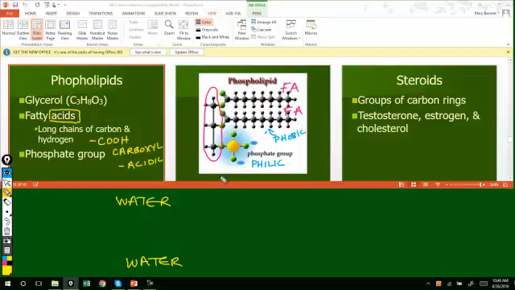So the part of this molecule that is hydrophilic is going to want to face the water. That's the head with these glycerol molecules and phosphate groups attached to them. And then those tails are hydrophobic, so they're going to want to be away from the water. And so what they'll do is they'll line up in a bilayer in two sets, and the heads will face the water and the tails will face in. And what this creates for us is what we refer to as the cell membrane.